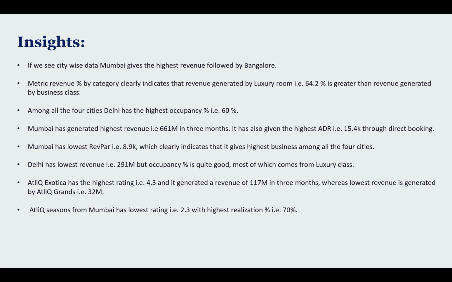It has also given the highest ADR, that is average daily rate is 15.4k through the direct booking, whereas Mumbai also has the lowest RevPAR, that is 8.9k, which clearly indicates that it gives the highest business among all four cities.